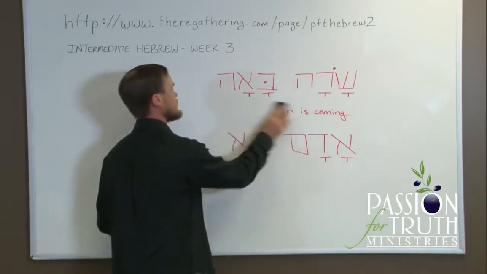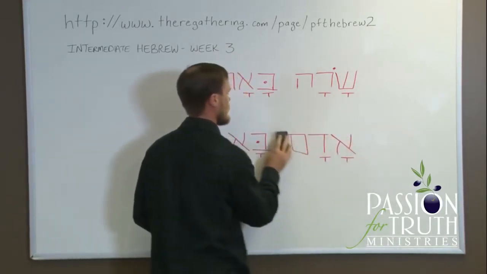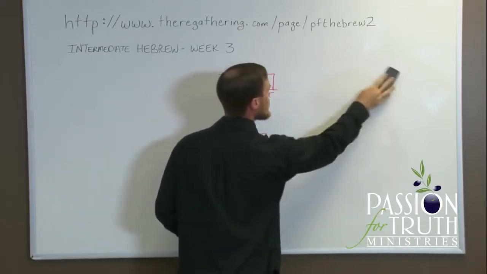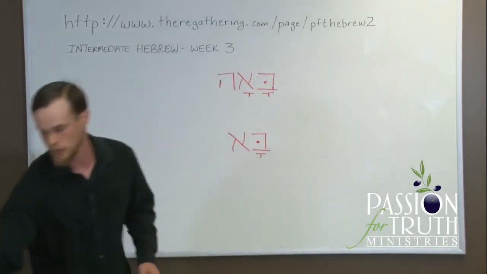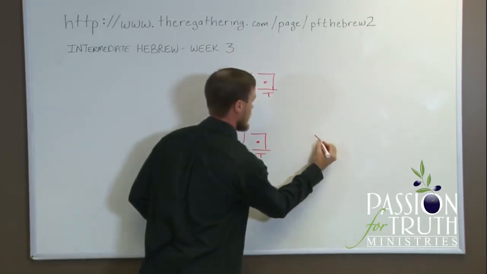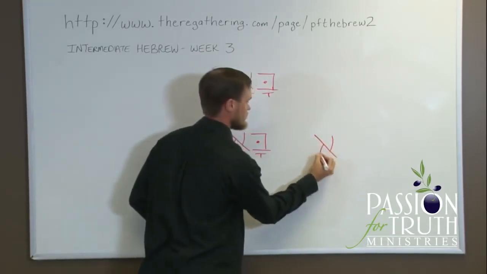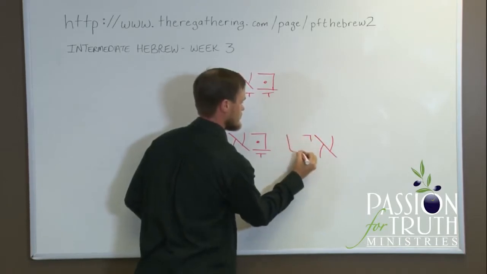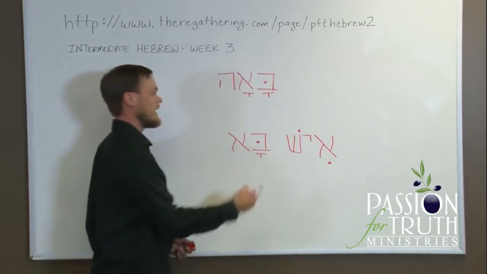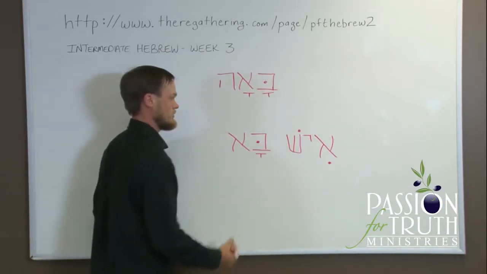Just a few more examples. Subject doesn't have to be a specific person or thing. So we could just talk about a man in general. You could say ish ba or ba ish.